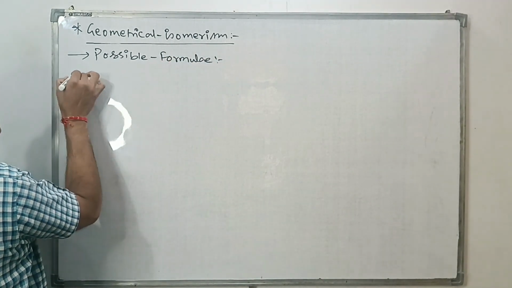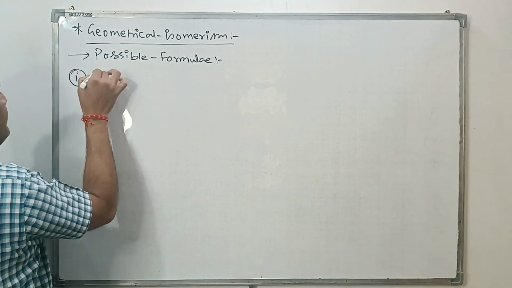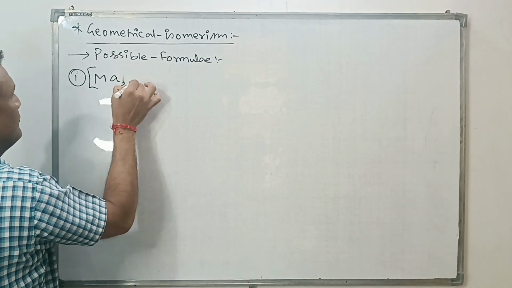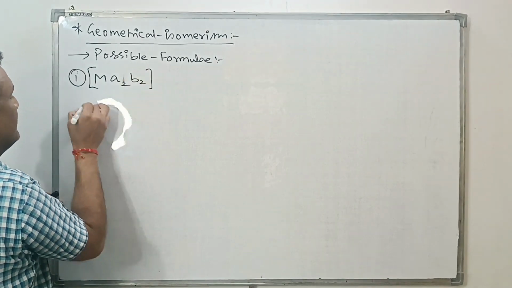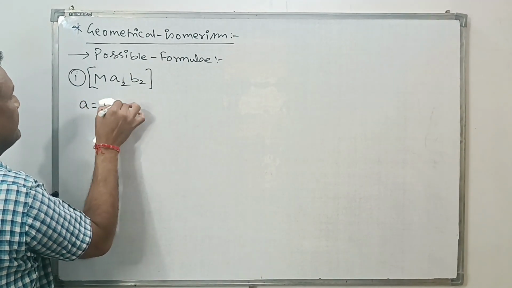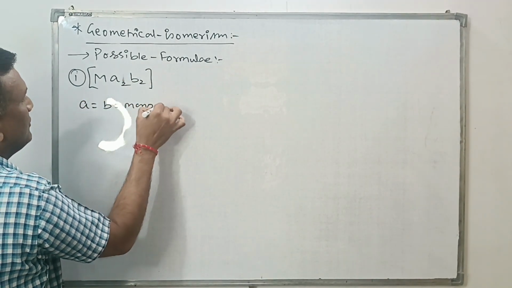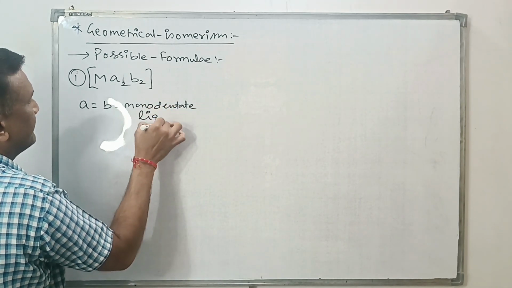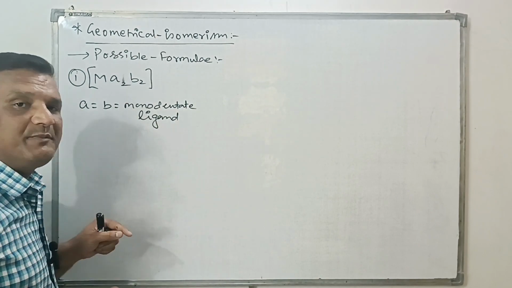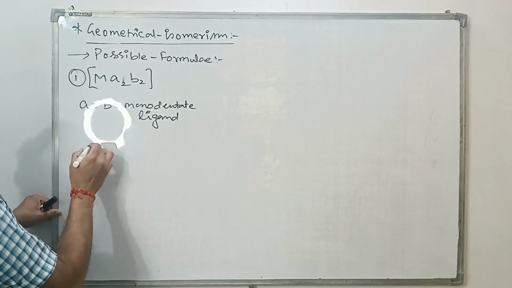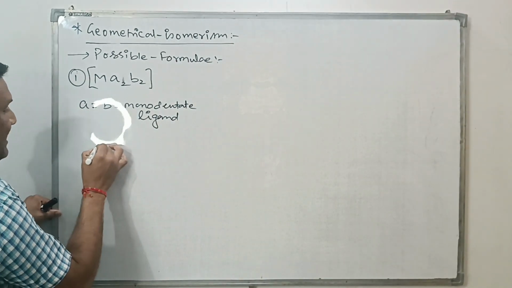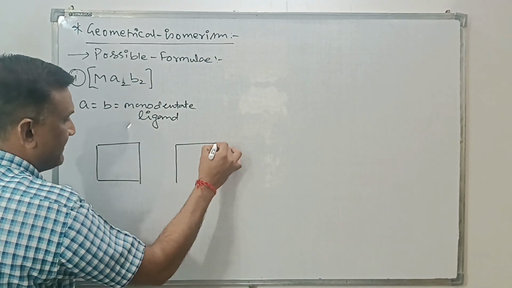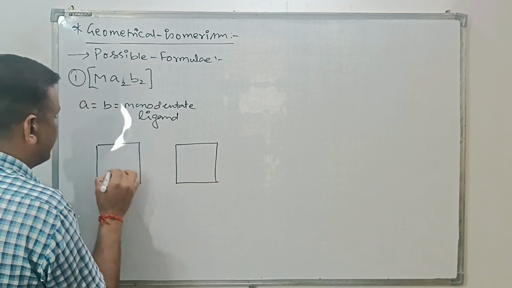The first formula is MA2B2, where A and B both are monodentate ligands. So in square planar geometry, M will be at the center of the geometry.